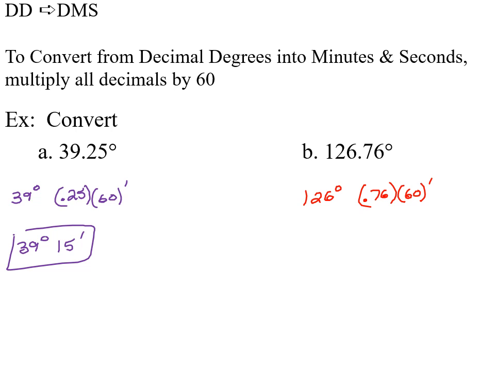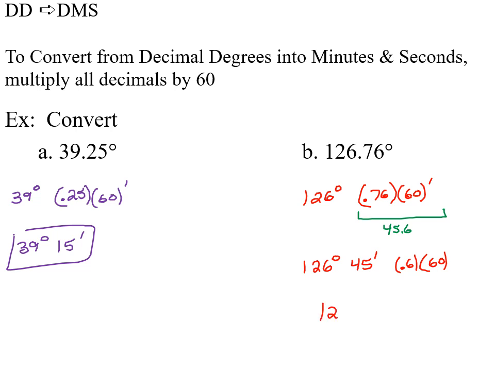So just this part right here is 45.6. That 45 becomes your minutes. So this is 126 degrees, 45 minutes, and the 0.6 that's left over will then get multiplied by another 60 to turn it into seconds. So the 0.6 times 60 gives you 36.